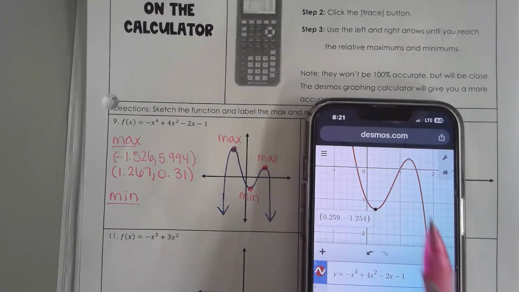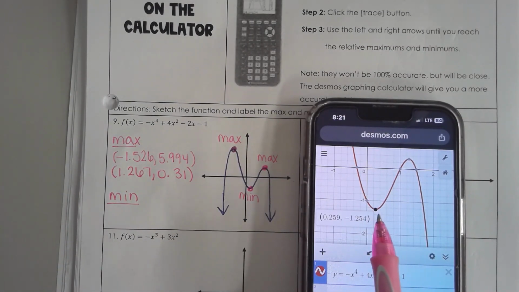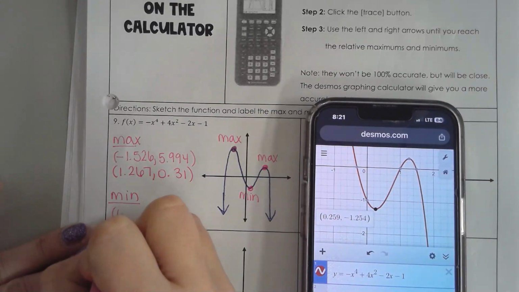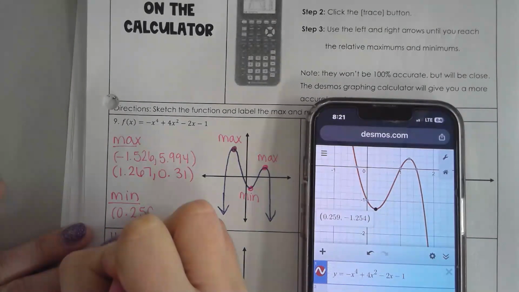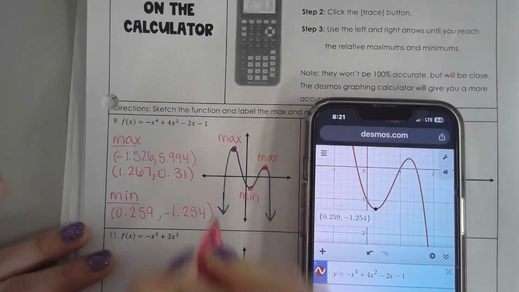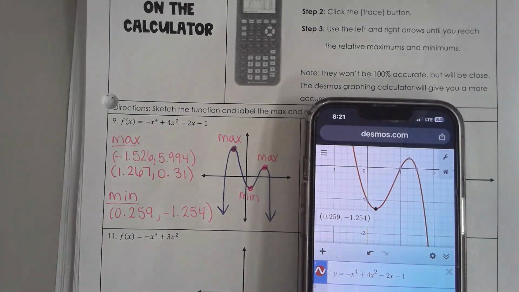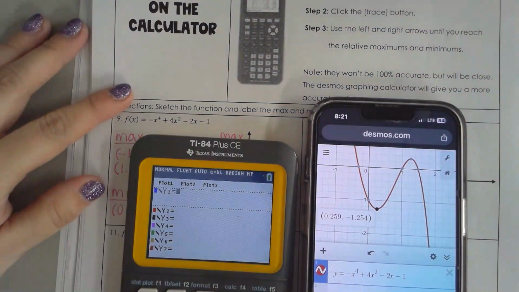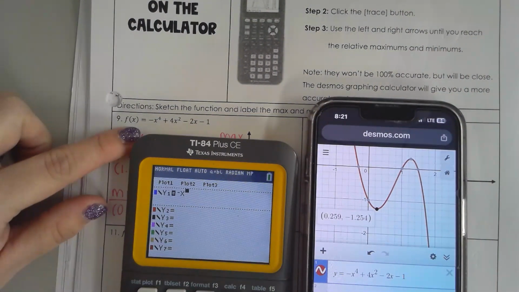Notice I want the one that's truly down here in the valley. That's the true minimum. Okay. So it's 0.259, negative 1.254. Let me show you this exact same problem in the TI-84s and show you how it's a little different.